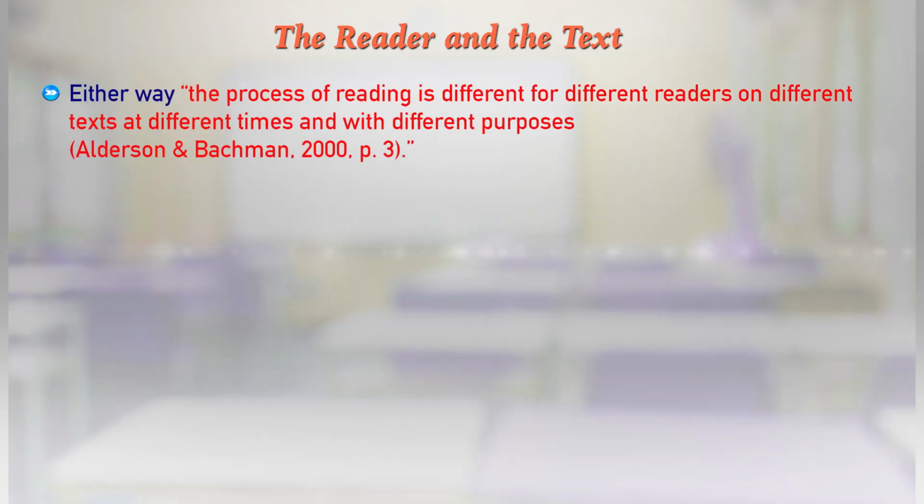A reader can therefore approach a reading from a psycholinguistic cognitive orientation, which views reading as a mental process during which the reader constructs their own representation of the text, or from a socio-cultural orientation, which emphasizes the importance of varied social and historical context in text production and text reception. Either way, the process of reading is different for different readers on different texts at different times and with different purposes.